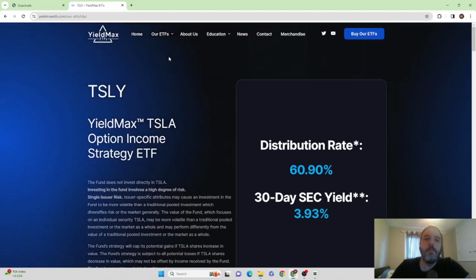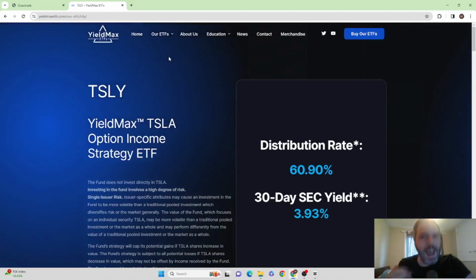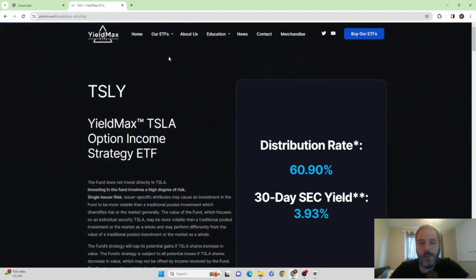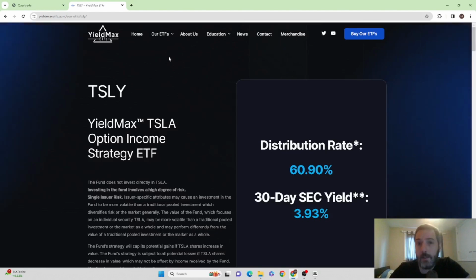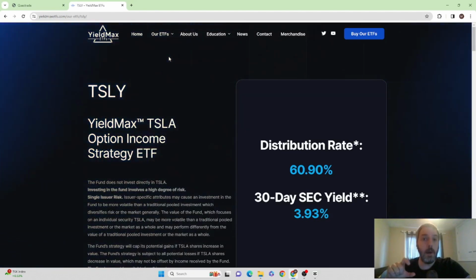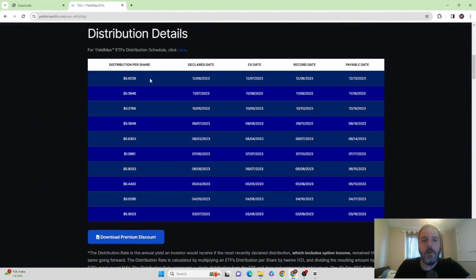So don't get too excited with the 60% yield because it is a huge number, that's for sure. But there are some negatives to it as well. Every time a distribution comes out, the share price does drop by that amount. So if I scroll down here to the last distribution, it was 60 cents that just recently came out. The share price dropped 60 cents whenever that distribution came out.